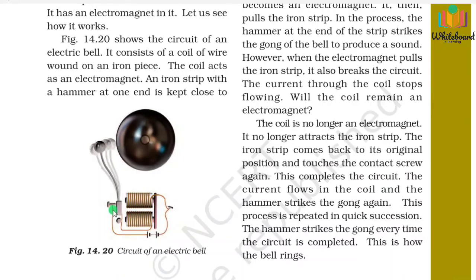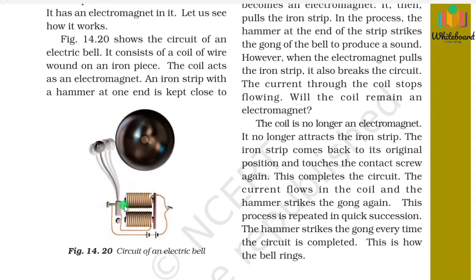A few minutes ago I told you there is a spring, so due to this spring it will be pulled in this direction. With this pulling, the hammer will come back to the previous position, and when it comes back to the previous position, the connection will be made again. So when the connection is made again, the circuit is closed again, then again the electromagnet will work and again it will be attracted, then again disconnected.